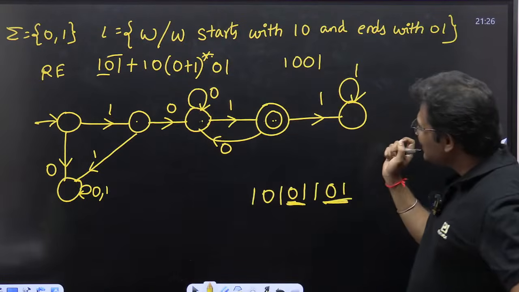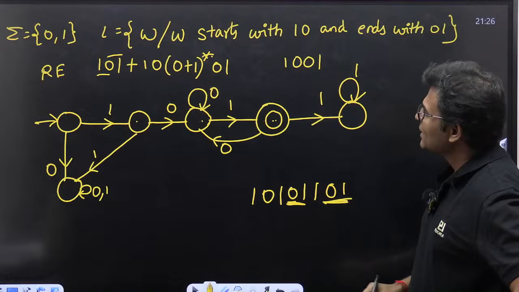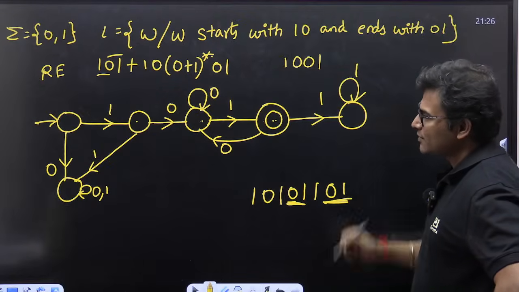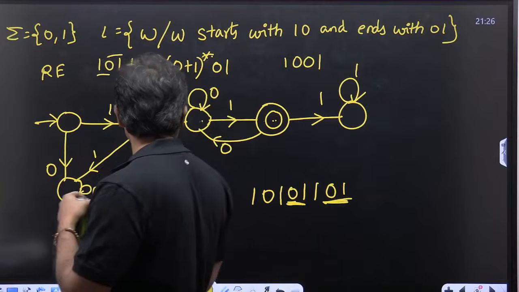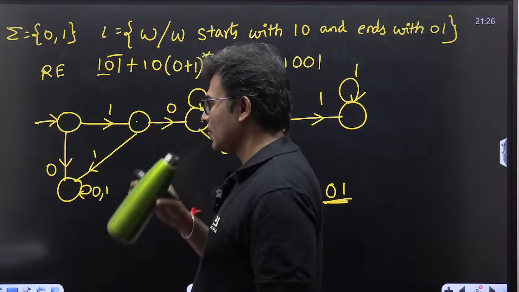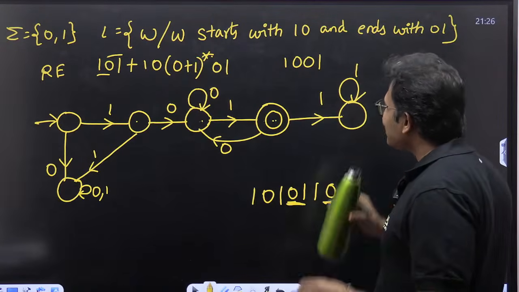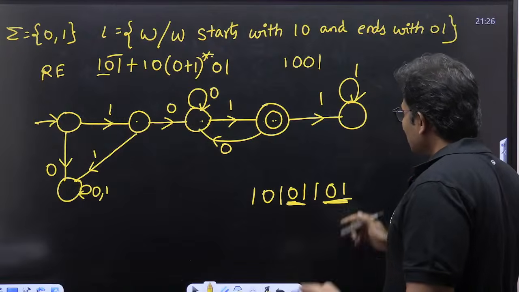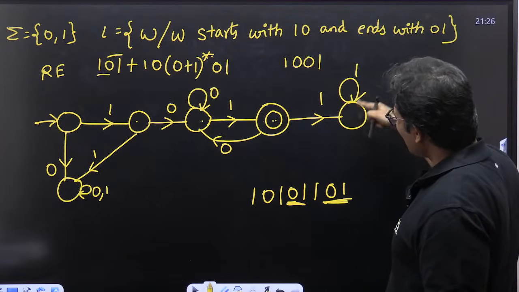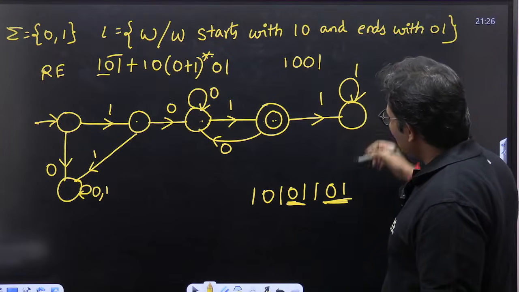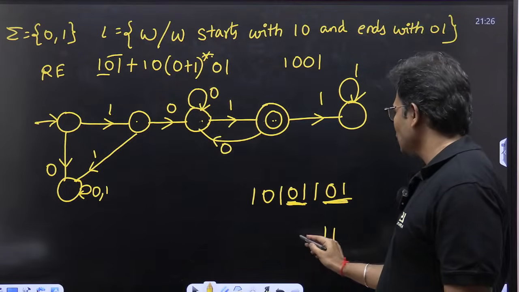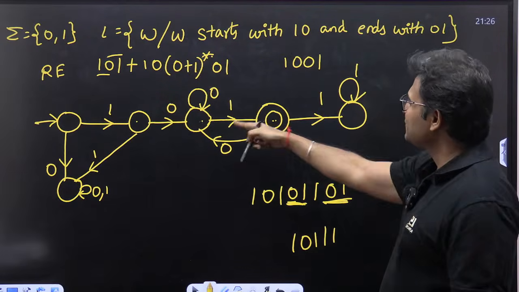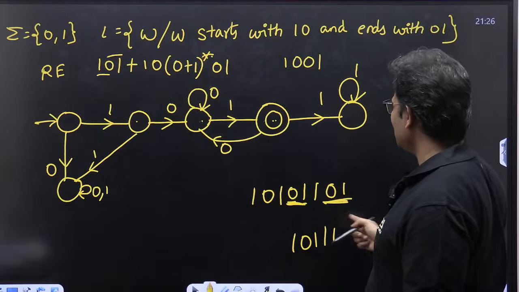Now, what is the state waiting for a 0, 1? Try to understand this carefully, okay? I will eat up all the ones. I have seen 101, and then many ones.